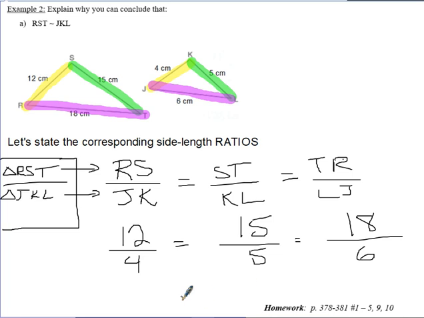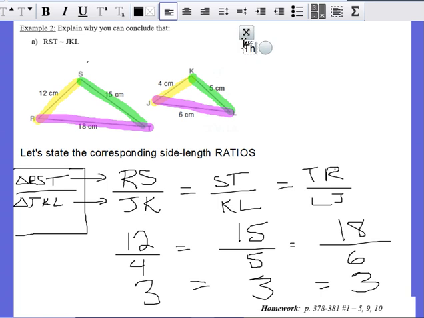Now when we divide these, I'm going to go to my calculator. 12 divided by 4 is 3. 15 over 5 is equal to 3. And 18 divided by 6 is also equal to 3. So notice the scale factor here. Let me write this down. The scale factor is 3.